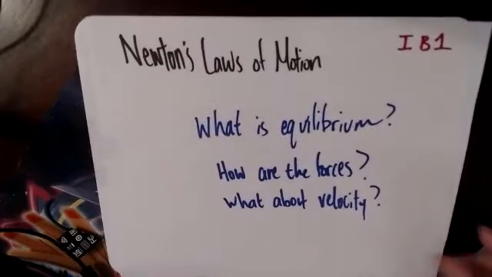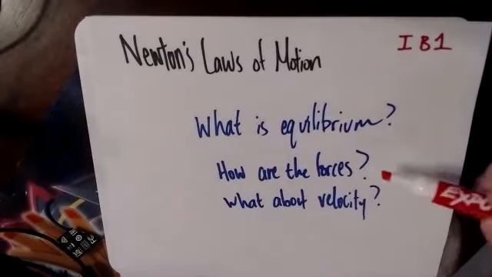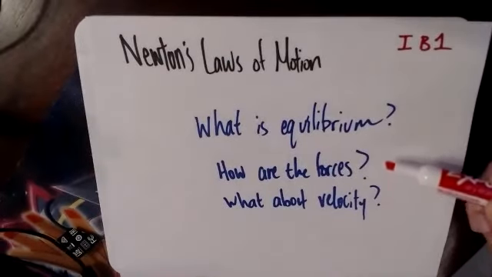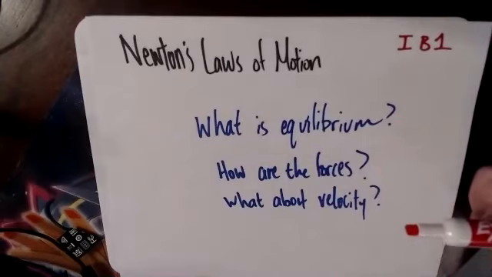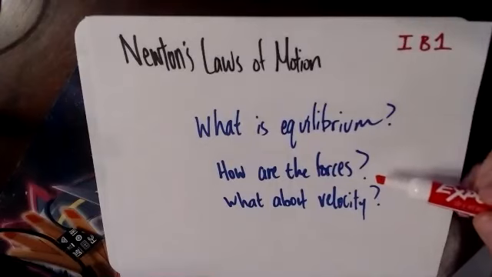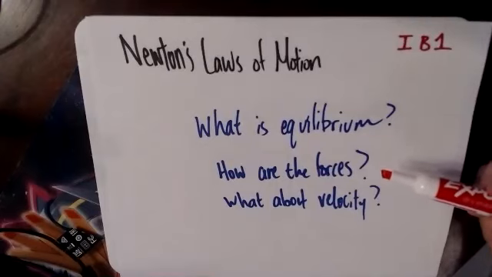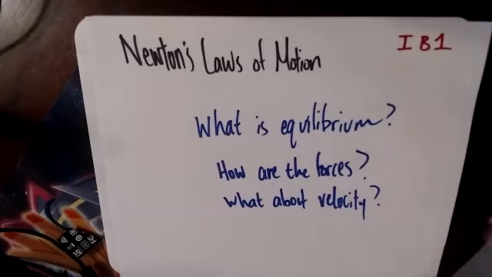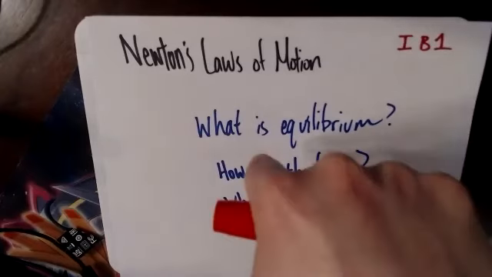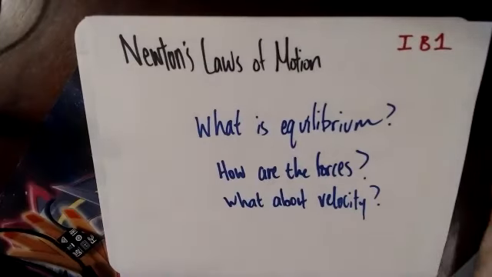So when we talk about equilibrium, how are the forces? Well, when we're in equilibrium, we know that the up force is equal to the down force. The left force is equal to the right force. The in force is equal to the out force. All of them, the net, the sum of all of the forces in the vertical, the sum of all the forces in the horizontal, the sum of all the forces in the in and out, the z-axis.